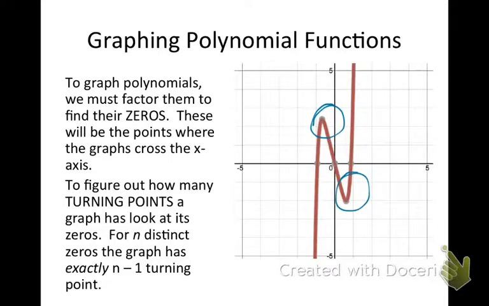So we could work backwards with this graph. This graph has 2 turning points, and that's where it is increasing and now it switches and becomes decreasing. Here it's decreasing and then it switches and becomes increasing. So since it has 2 turning points, that means its degree is 1 higher than that. So it has to be a degree of 3.